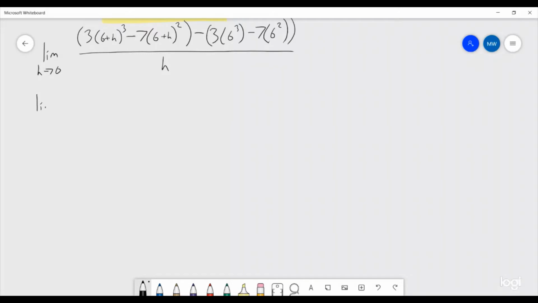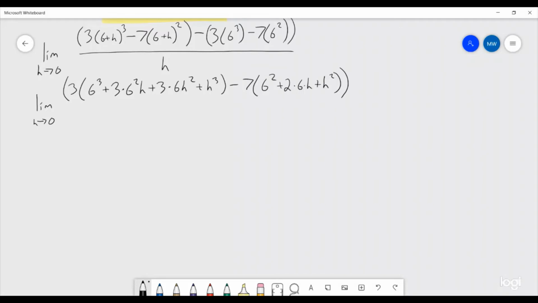So this is the limit as h goes to 0 of 3 times 6 cubed plus 3 times 6 squared h plus 3 times 6h squared plus h cubed, minus 7 times 6 squared plus 2 times 6 times h plus h squared, all of that minus 3 times 6 cubed minus 7 times 6 squared, all over h.